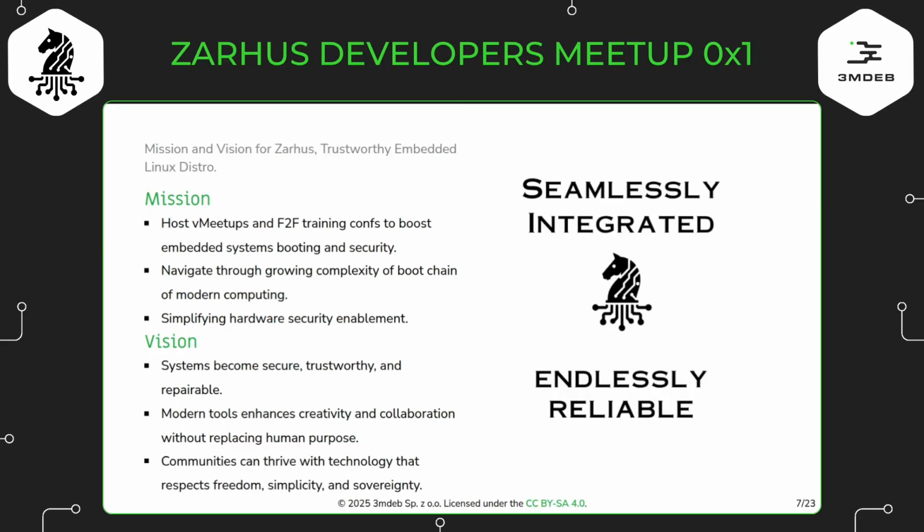And finally, I believe that it is very important to have a community in which we can discuss things, because if we are closed in our houses, in our basement, this doesn't help much in building respect for freedom, in simplifying things, in building an independent, sovereign approach to embedded systems, and not only to system boot and security.